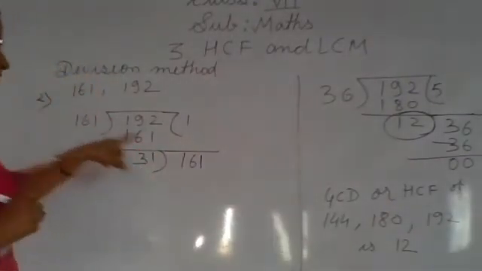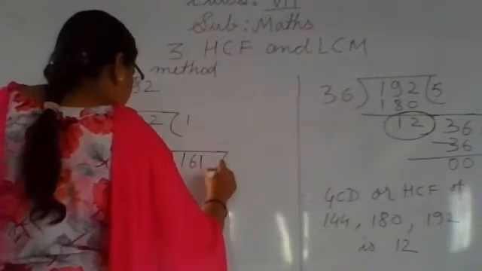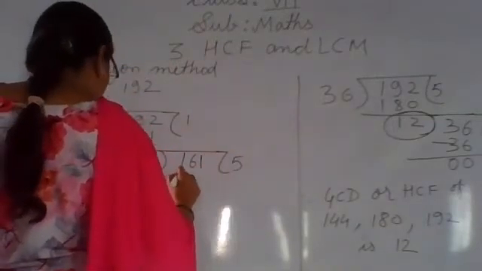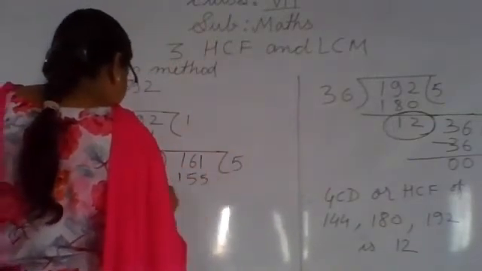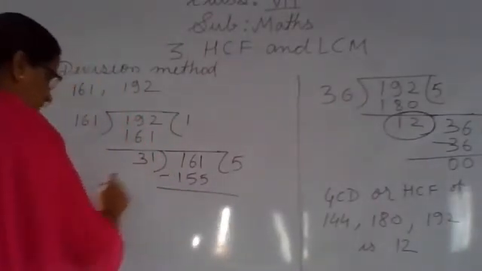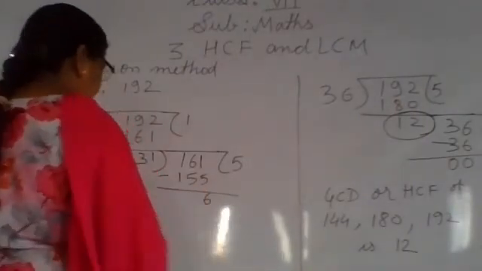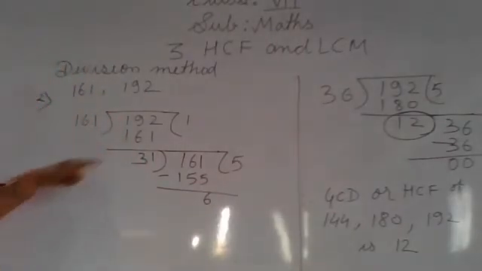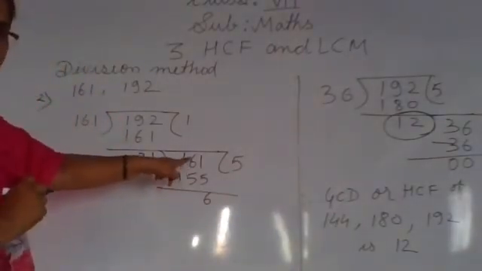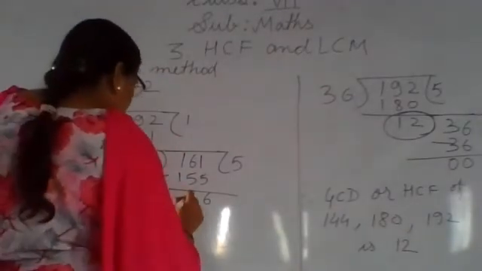So you have to divide 161 by 31. Now 31 fives are 155. Okay, now subtract, 11 minus 5, 6 and 15. Here 5 is left. So 15 minus 15, 0.